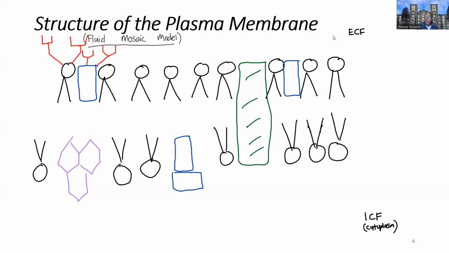So the aqueous environments are going to be on the inner surface, right? And that means that this surface is polar. This is also an aqueous surface. So lots of water or fluid, also polar.